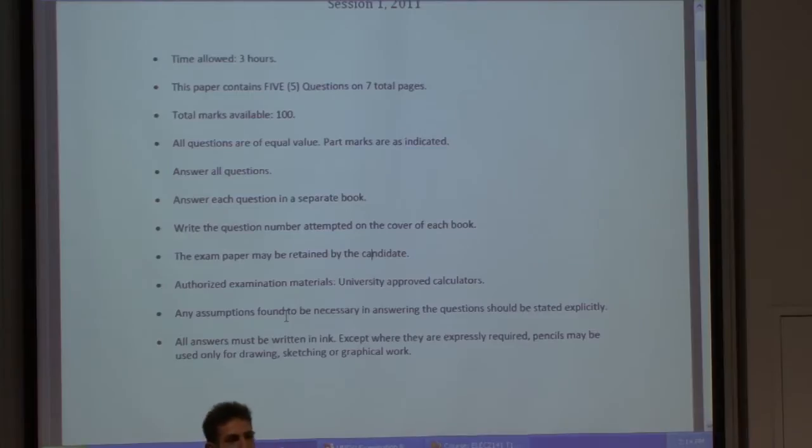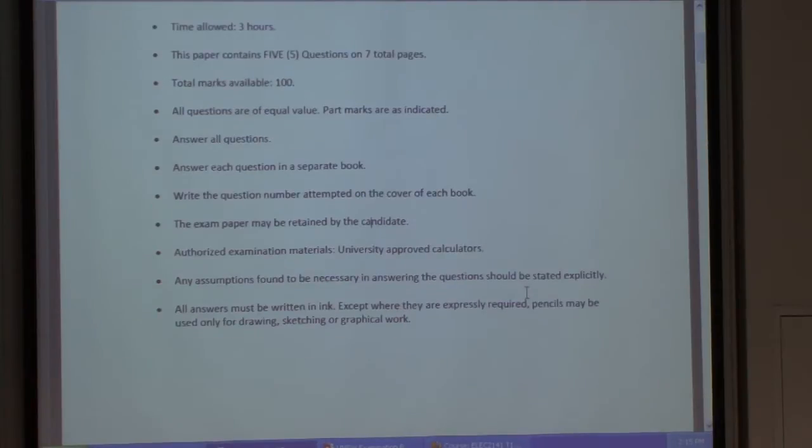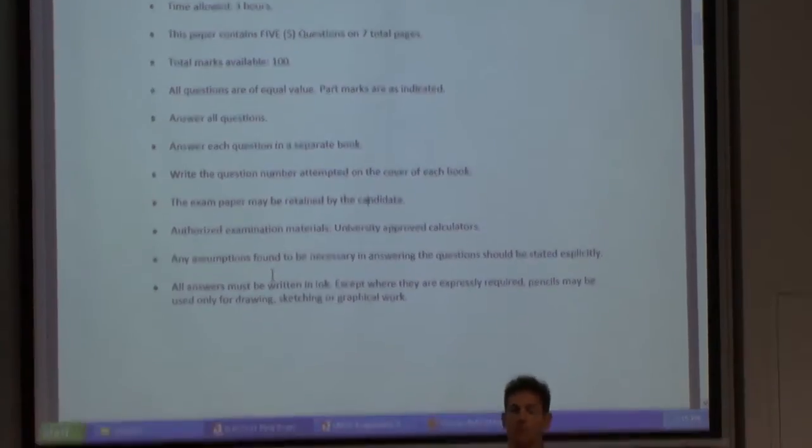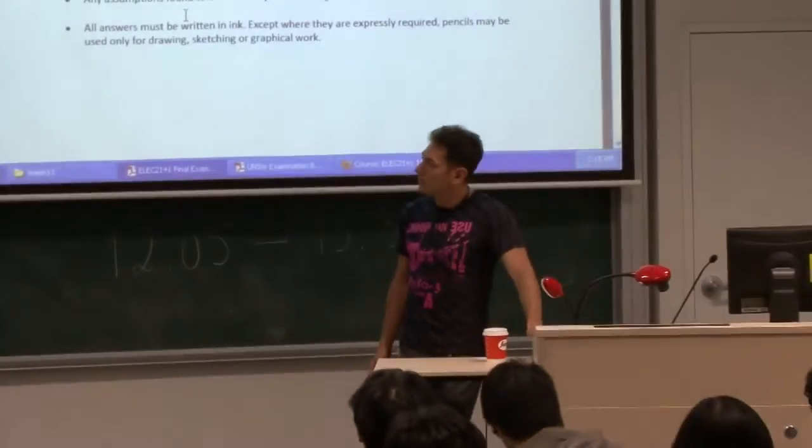I've had people look at a really complex question, assume some huge simplification, and at the end it's A equals 1. Not quite. So don't contradict the question, but if something's ambiguous, make an assumption and write it out. And write the exam in ink using pens, obviously. If you want to use pencils, it's only for diagrams and sketches and other stuff like that.